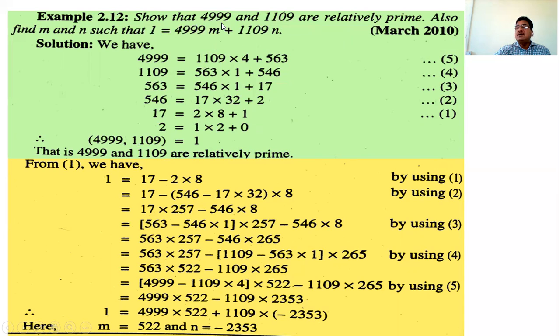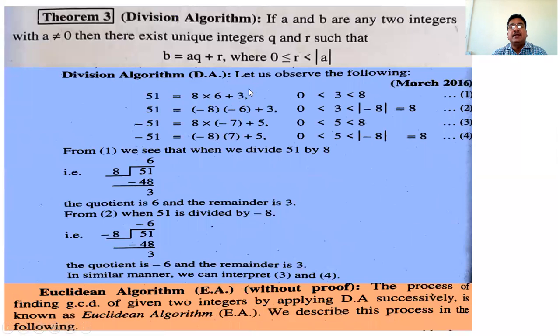Two numbers are relatively prime if the greatest common divisor of the two numbers is 1. Another form of the question is: show that the greatest common divisor of 4999 and 1109 is 1. Showing that two numbers are relatively prime means showing their greatest common divisor is 1, or finding the greatest common divisor of the two numbers.